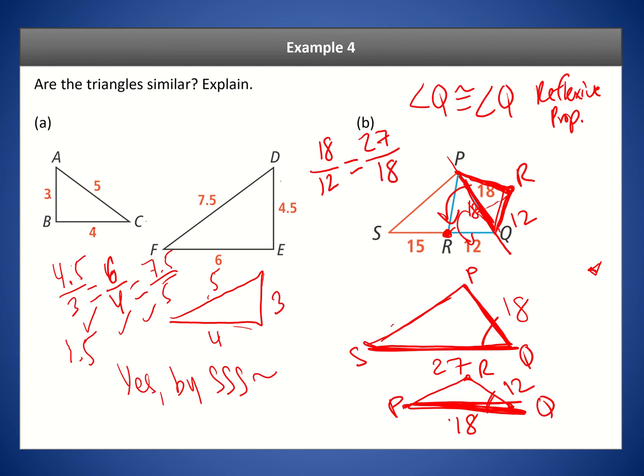We need to see if that's proportional. 18 divided by 12 is 1.5. And 27 divided by 18 is also 1.5. So that means those two sides are proportional. And so we got ourselves a side angle side scenario, and therefore the two triangles are similar by side angle side.